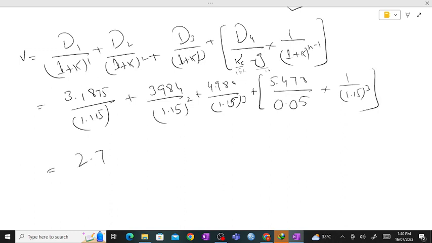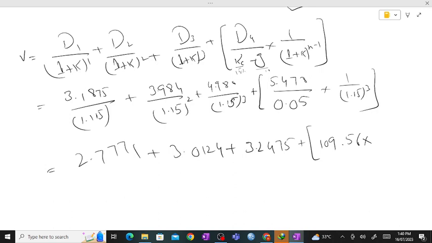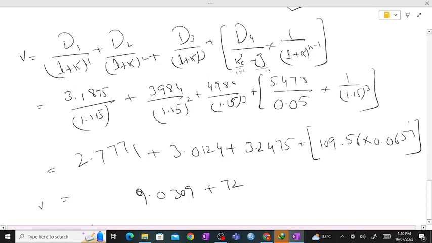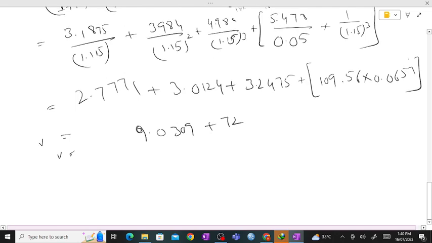So we have 2.771, 3.0124 plus 3.2475, and when you calculate it, it would be 109.56, multiplied by 0.0657, and when you calculate it, it becomes 9.0309, plus 72, and we will have a value that is 81.0309.